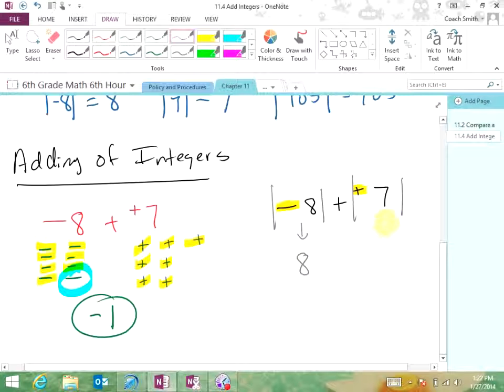What is the absolute value of 7? 7. And we subtract their absolute values. So 8 minus 7 is 1. Now, which one has more, the negative or the positive? The negative, so that's why it's -1. That's the mathematical rule, definition, whatever property that we're using there.